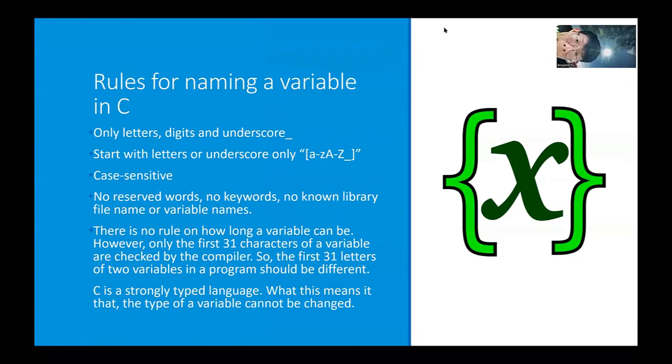You can only start with the letters A to Z or an underscore. You cannot start with 1A, that's not okay. A1 is okay. And there are some reserved words. Anyway, these are the requirements for the variable name.